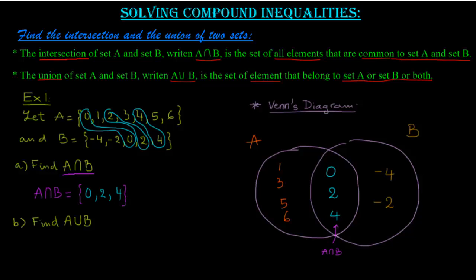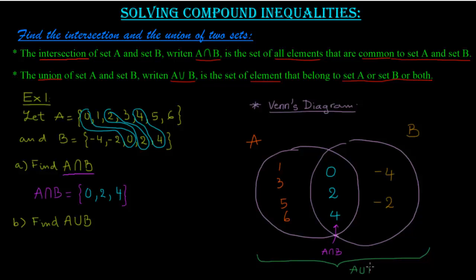In problem B, we have A union B. The union is all the elements that belong to set A or set B, or both. So basically we take all of them, all possible numbers.